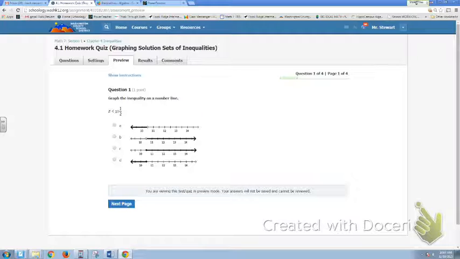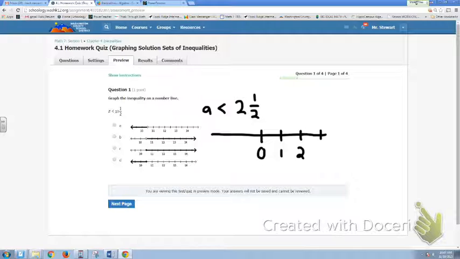And if you're looking at this, maybe I'll just make one up: A is less than 2.5. So on this number line, here's 0, here's 1, here's 2, and just a little bit above that, here's 3. So 2.5 is going to land right about here.